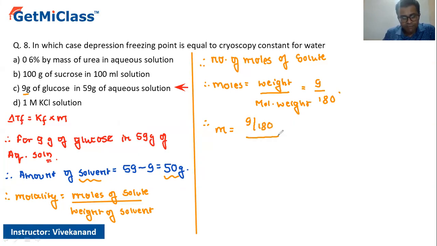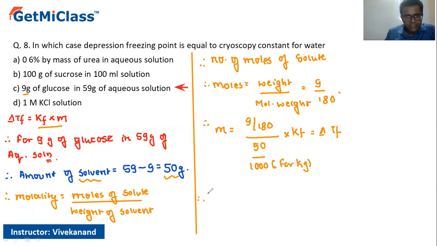the whole thing divided by the weight of solvent, that is 50 over 1000, because we need to calculate in the form of kg. All right, so into Kf, and that is going to give us delta Tf.